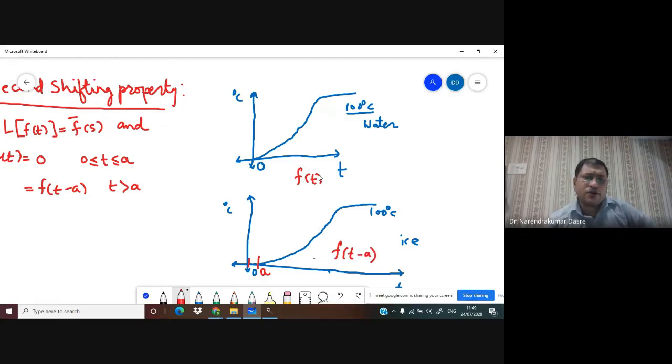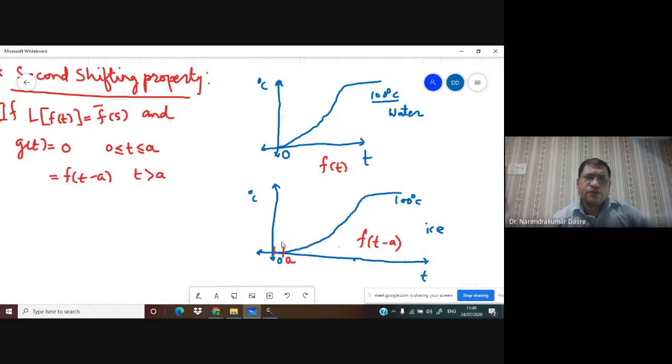The same response that was obtained for the water will be obtained for the ice, but after time a, and that's why this is a delay generating system.